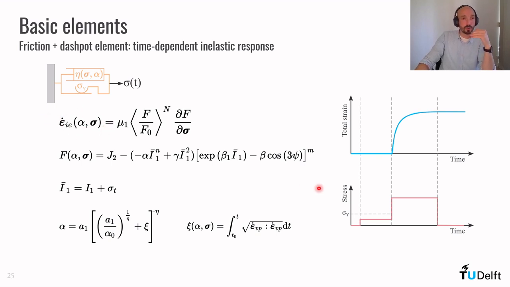So the moment that we cross this threshold, we start to have viscoplastic deformation. When we have viscoplastic deformation, the accumulated viscoplastic deformation starts to increase because of this expression here. So this number xi starts to increase. When xi increases, the value of alpha decreases. And when alpha decreases, the threshold expands, it increases.